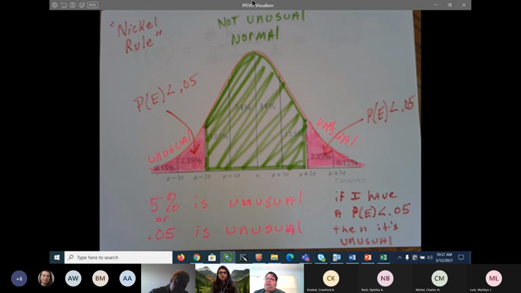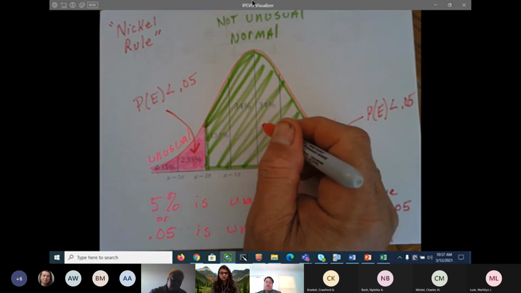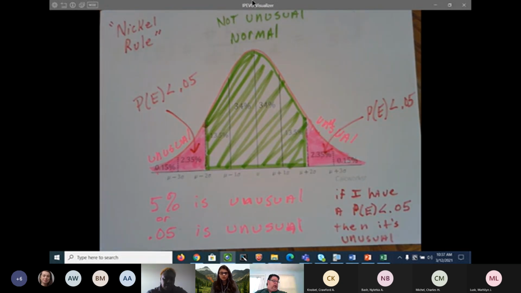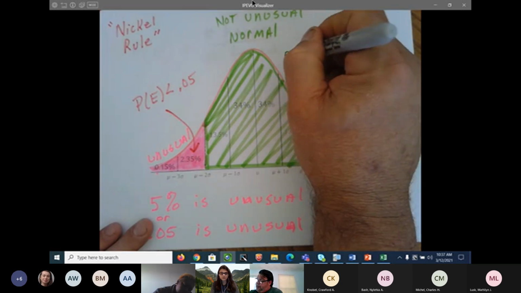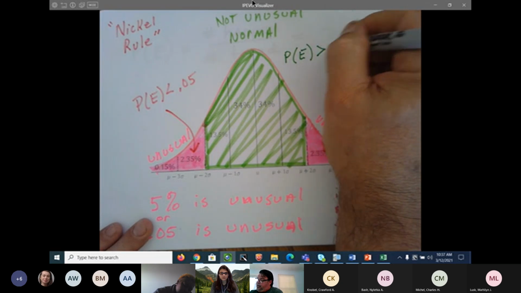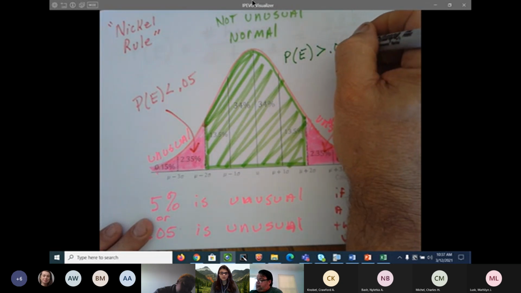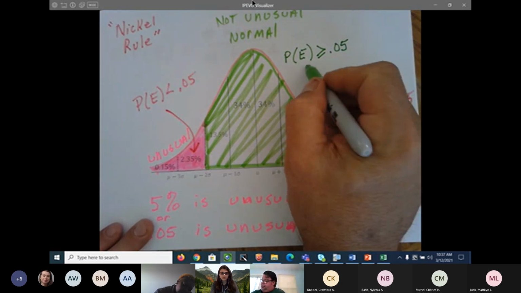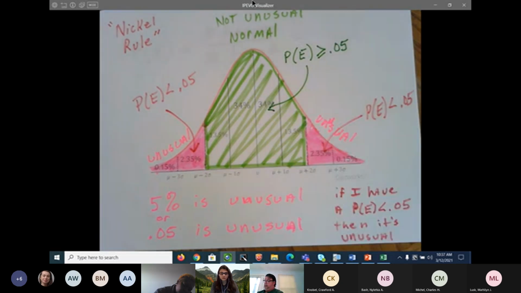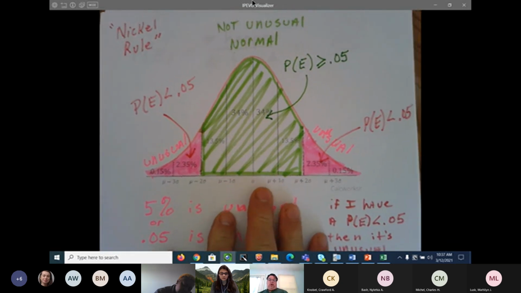Well, 0.12 is greater than a nickel, so where does it fall? It falls in the green. So you need to write that down. If the probability of an event is greater than, actually greater than or equal to, a nickel, then it is considered to be normal, or not unusual.